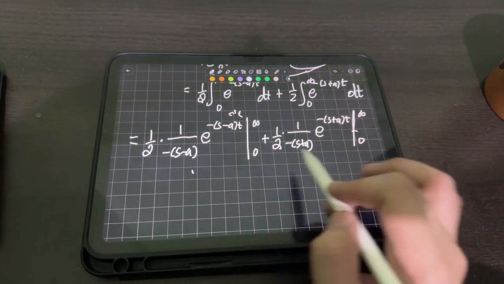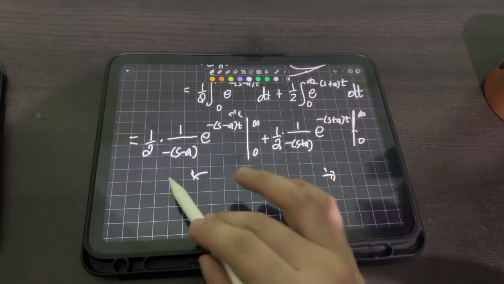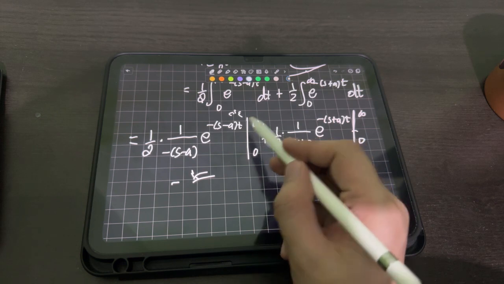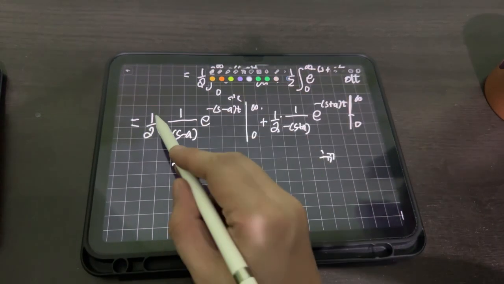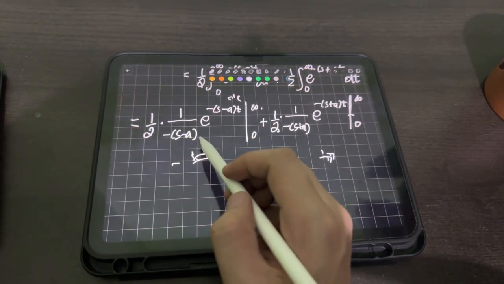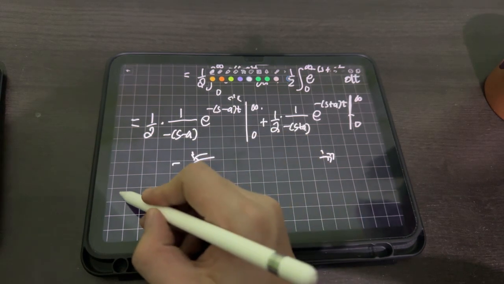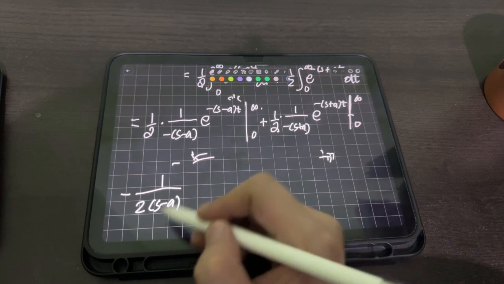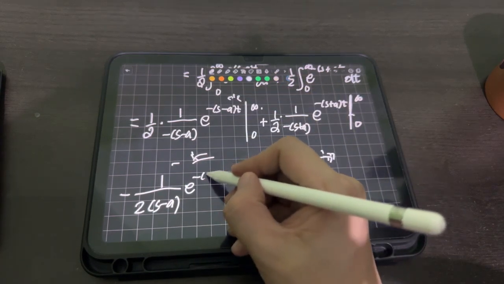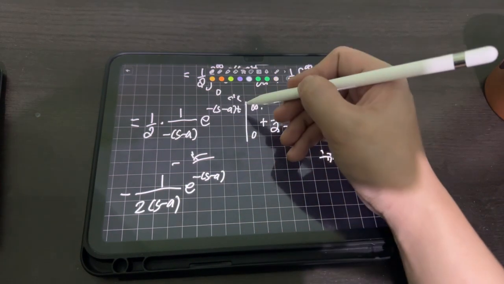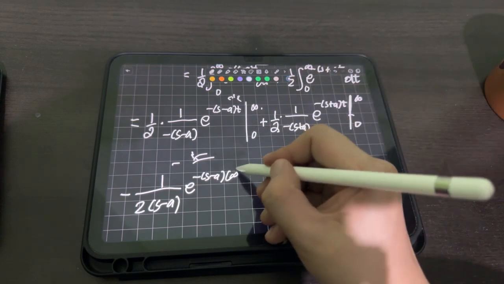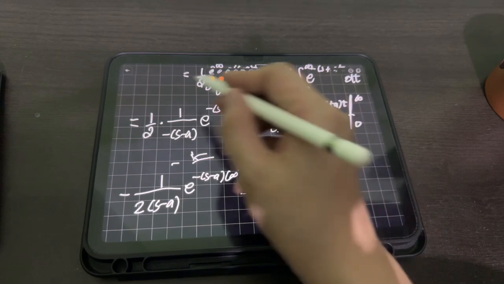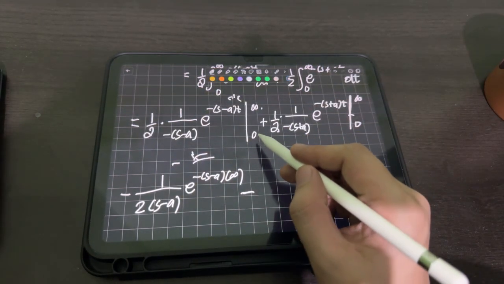So let's evaluate the lower and upper limit for both of these two terms. So for the first term, substitute infinity to every t first. So 1/2 times 1 over negative quantity s minus a is just the same as negative 1 over 2 times quantity s minus a, e to the negative s minus a, t, replace it with the upper limit infinity, then minus this expression evaluated at 0.